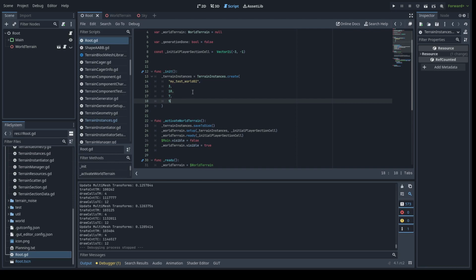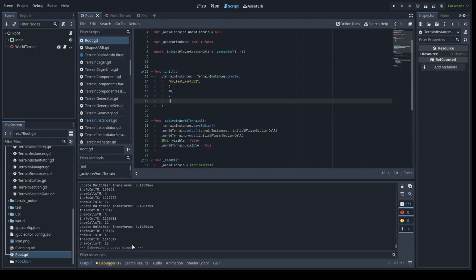This means you have quite some cells to render. If we look down here, this is the output from the last run of the game, where I also used the MultiMesh approach. So we have over 1 million cells to render.